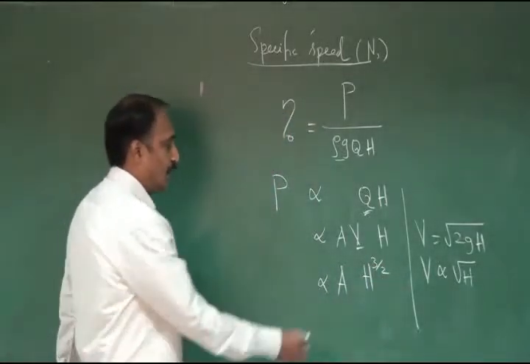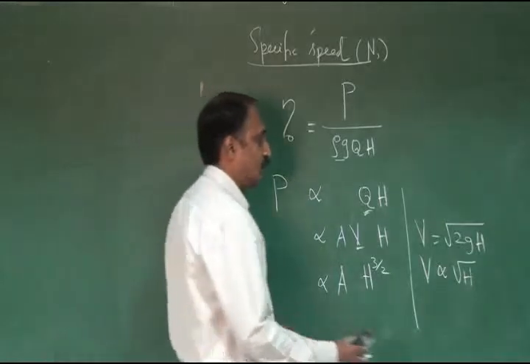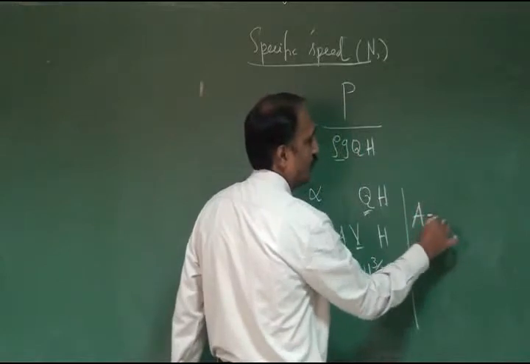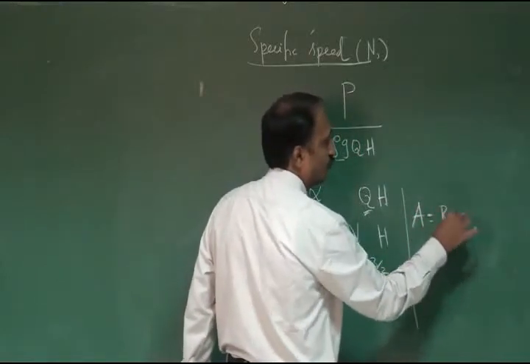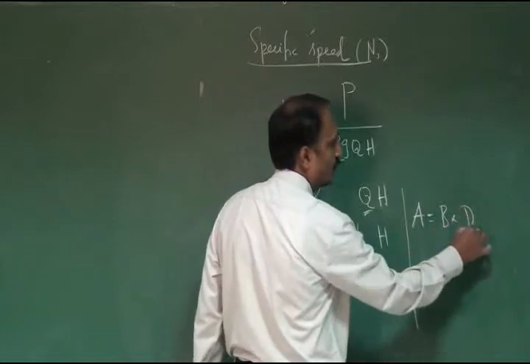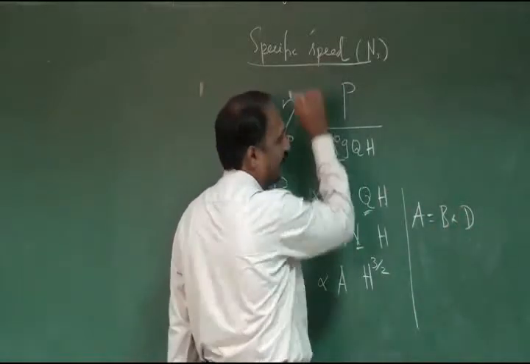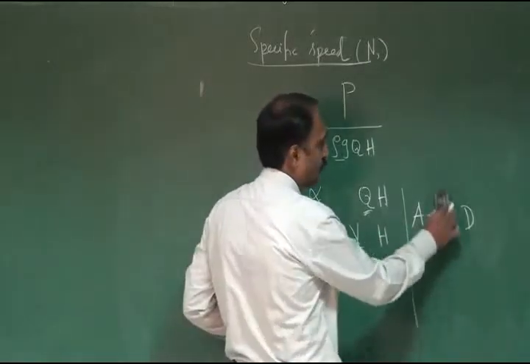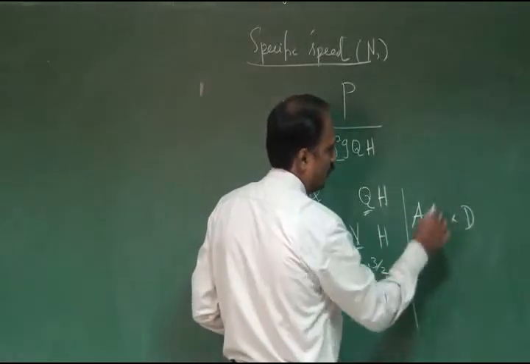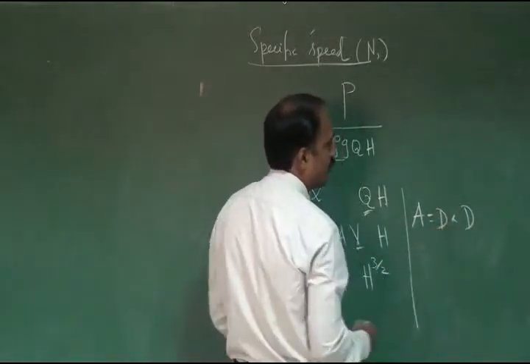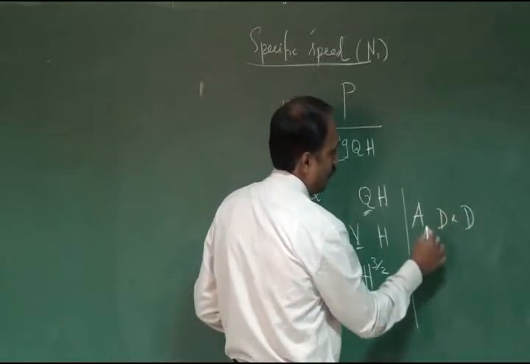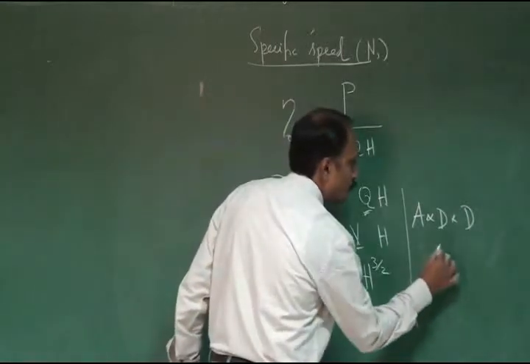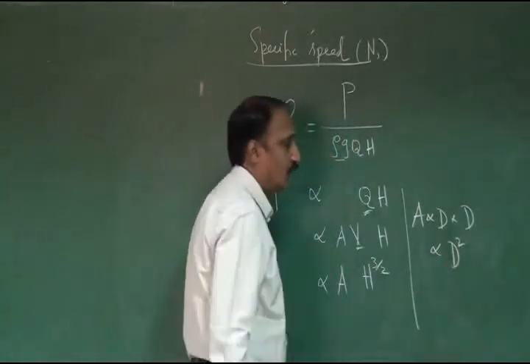Similarly, replace the area. The area of the turbine is nothing but width multiplied with the diameter. For the purpose of dimensional analysis, replace this linear dimension, width, with the equivalent of diameter. So the area is proportional to D square.